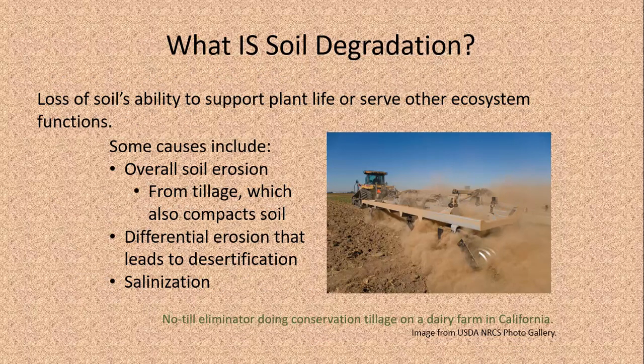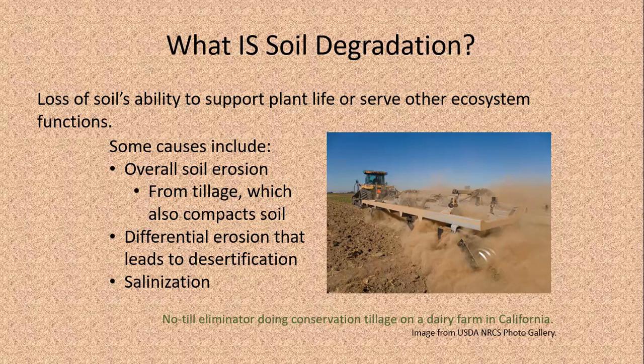So soil degradation is defined as the loss of the soil's ability to support plant life or to serve other ecosystem functions. And there's a number of different causes of soil degradation. One would be just overall soil erosion. This can occur when you till the soil.